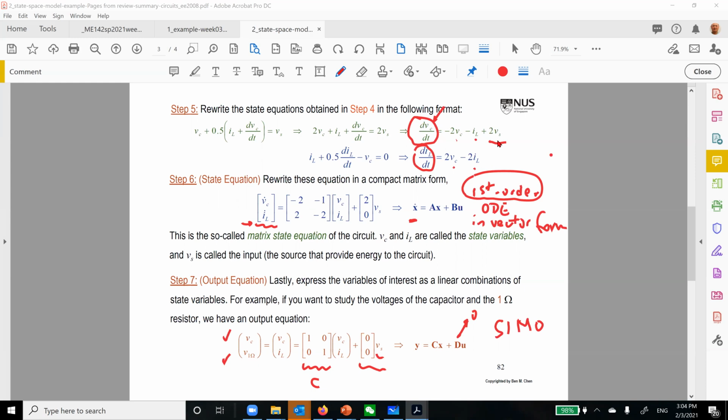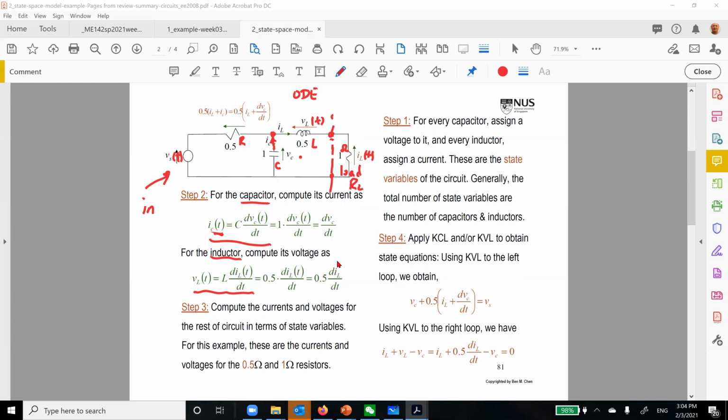Again, the example I do is using the RC network. It looks very simple, but the message is you can do any complex networks. So you can draw the linear graph. This is already like a linear graph, right?